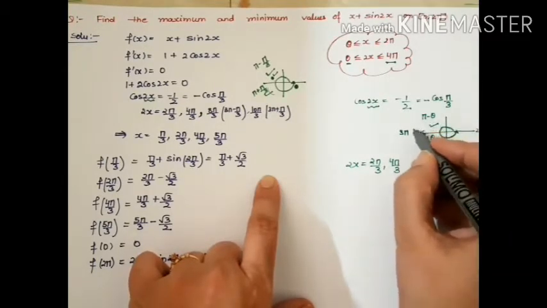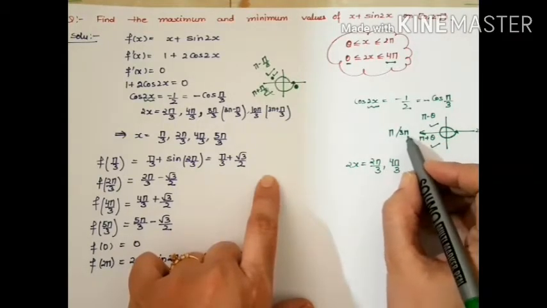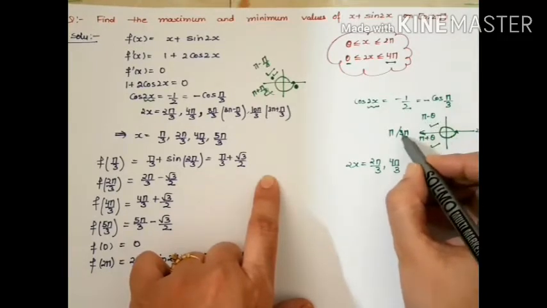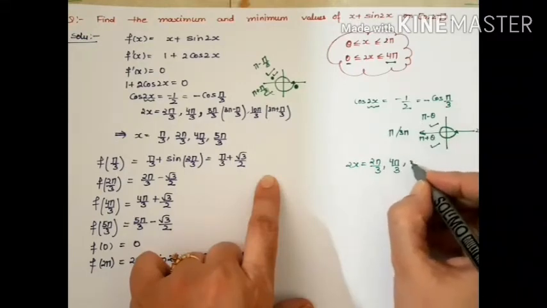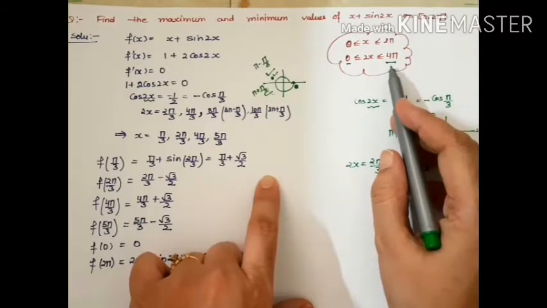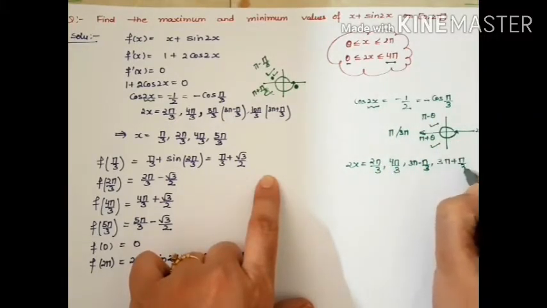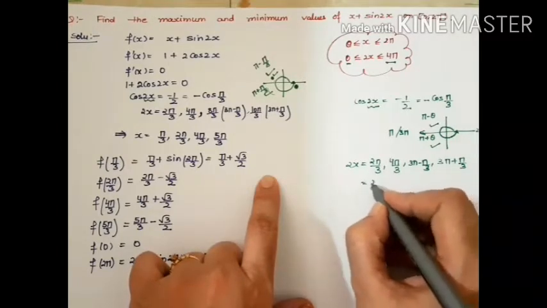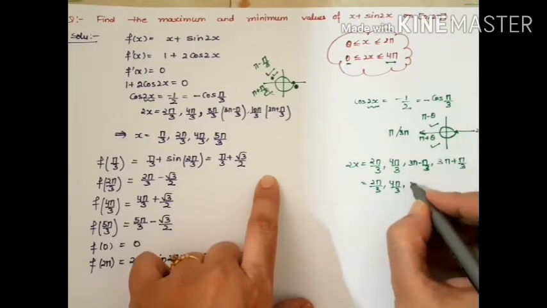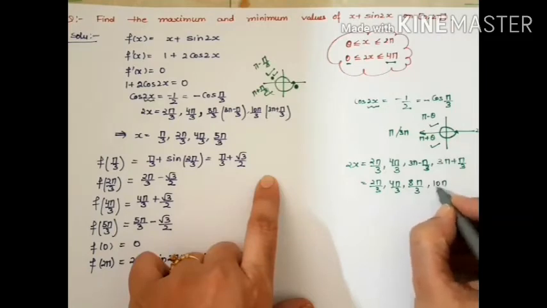So along with pi I can write 3 pi. The next combination of angles is, instead of pi, 3 pi minus pi by 3, because we are still within 4 pi, and another option is 3 pi plus pi by 3. If you simplify this, the angles I get now are 8 pi by 3 and 10 pi by 3.